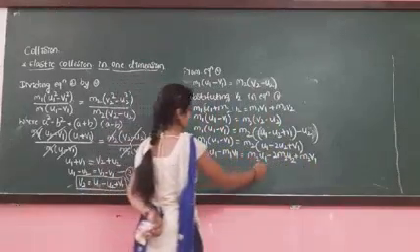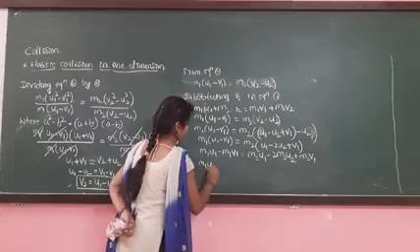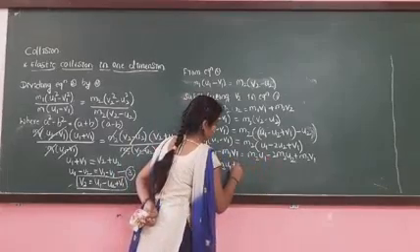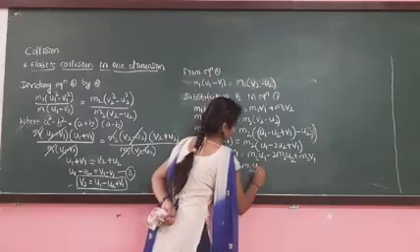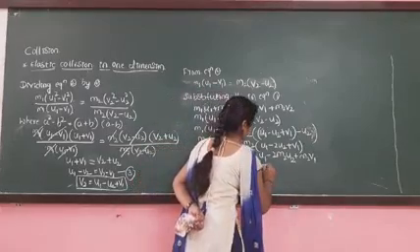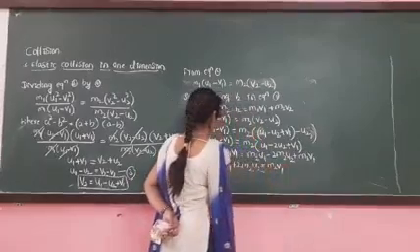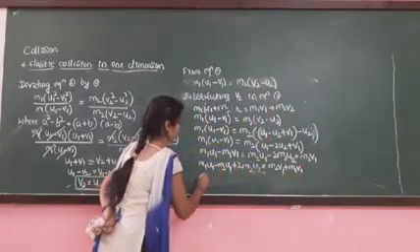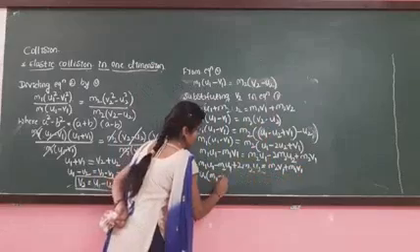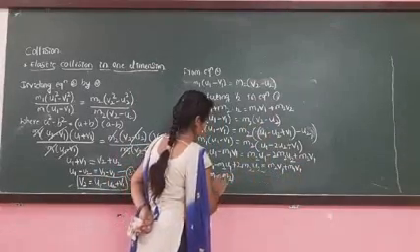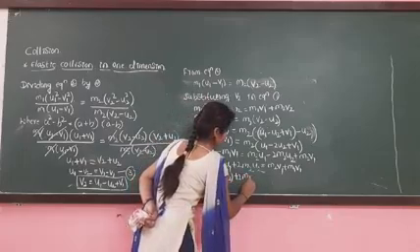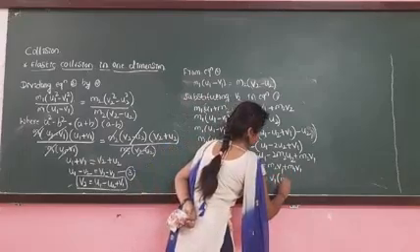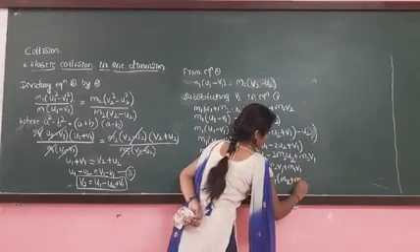Rearranging the equation: m1 u1 minus m2 u1 plus 2 m2 u2 equals m2 v1 plus m1 v1. Here u1 is common, (m1 minus m2), and v1 is common, (m1 plus m2).